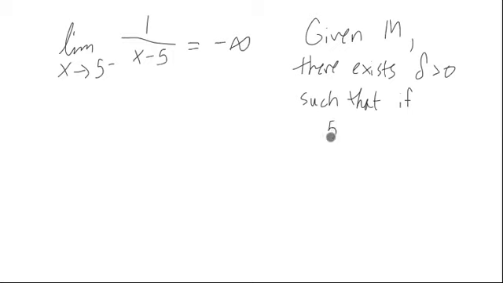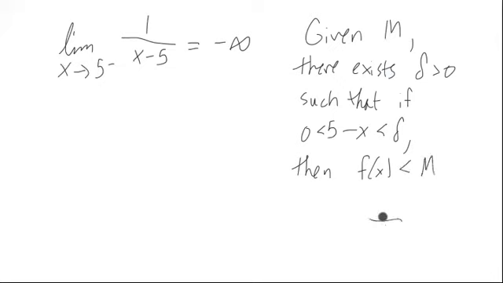Since x is to the left, 5 minus x is positive, so 5 minus x less than delta. If that is true, then f of x is going to negative infinity, so it needs to be pushed lower than our y closeness idea, which is just a position. It's just going to be less than that position, so getting pushed downward to negative infinity. This is the statement that we'd like to verify.